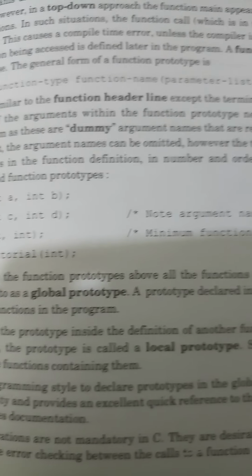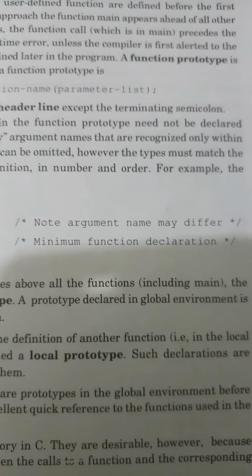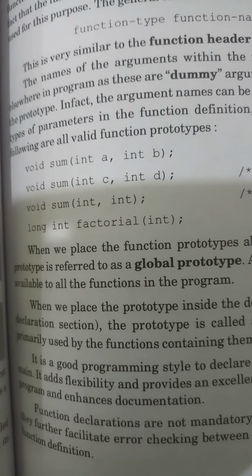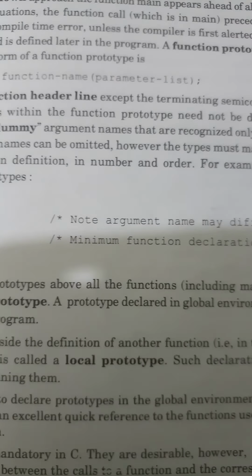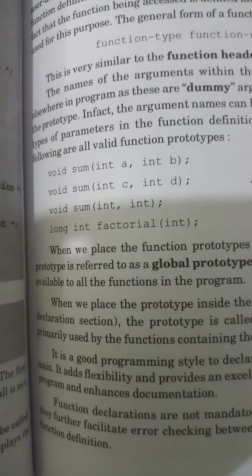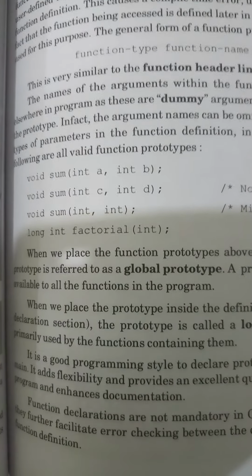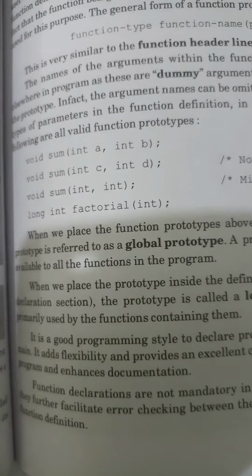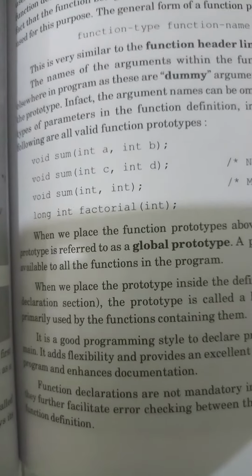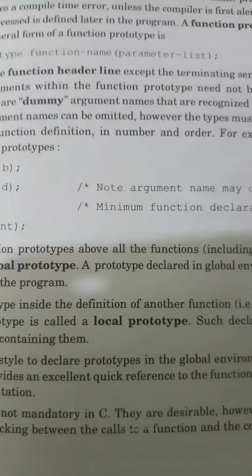Then we place the function prototype above all the functions including main. The prototype is then referred to as a global prototype. A prototype declared in the global environment is visible to all the functions in the program. When we place the prototype inside the definition of another function, that is in the local declaration section, the prototype is called a local prototype.